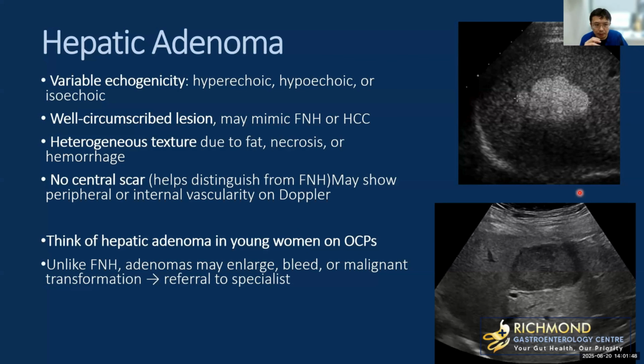Now, hepatic adenoma does increase in size due to oral contraceptive pills in females. It may get bigger, and the bigger it is, the higher the malignant potential. So the important thing to do here is you have to do CT scan or MRI to further delineate.